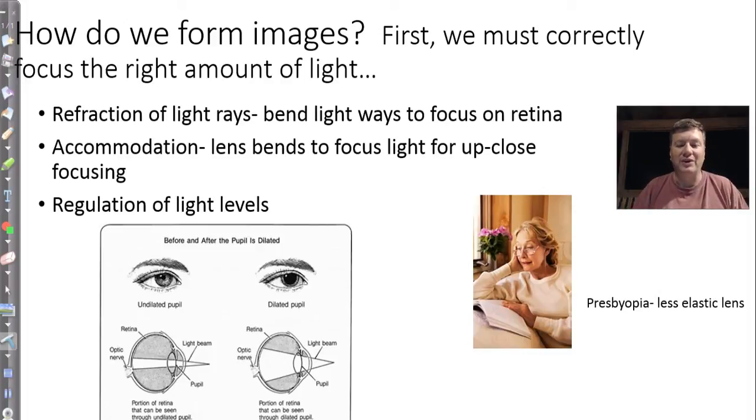Dilated means that we're going to allow a lot of light to enter, and when the pupil is large, as you see here, a lot of light can enter and stimulate lots of photoreceptors. That's why when we are in the dark, we want to have our pupils dilated, letting in as much light as possible. And when we are in bright light, we tend to reduce the amount of light coming in because it fires too many photoreceptors and we can't see.